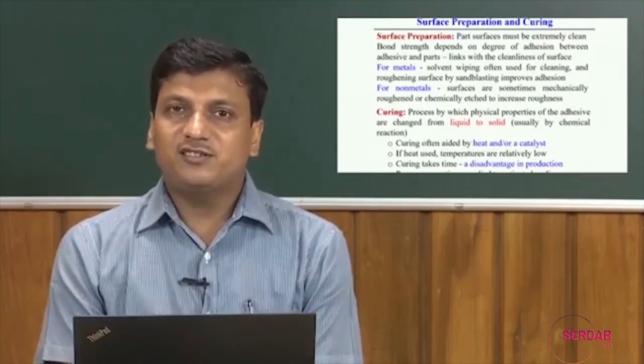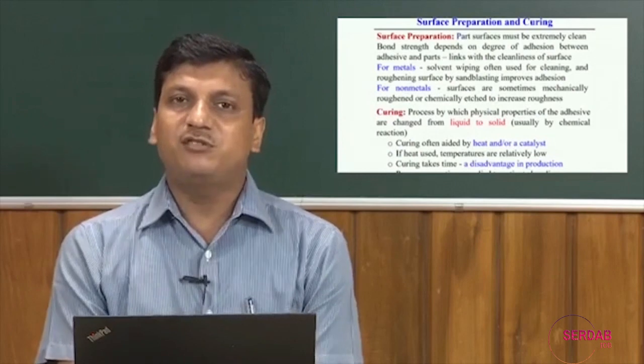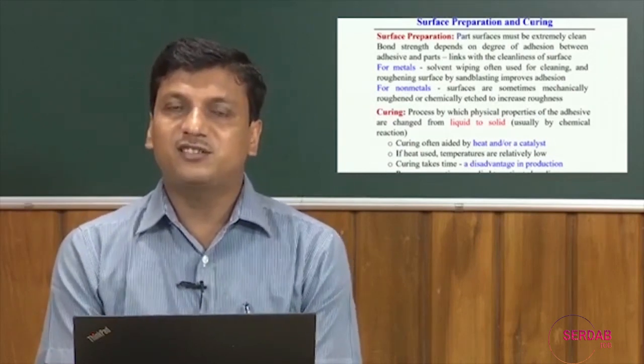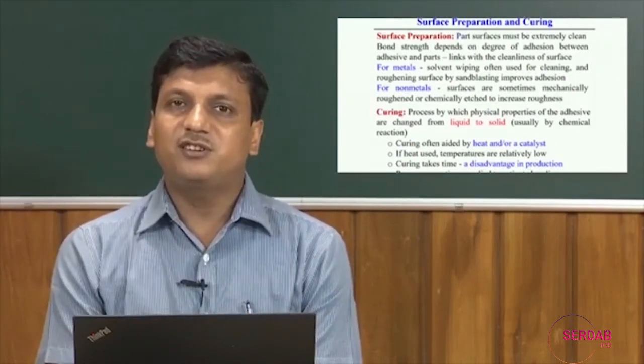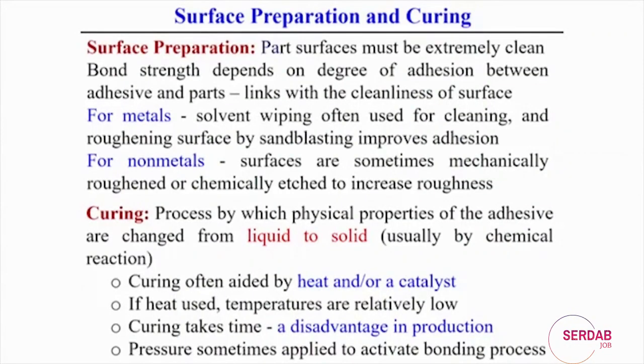Like in the fusion welding process, to get a successful weld joint it is necessary to clean the surfaces of the workpiece or substrate material before welding. Similarly, here also some surface preparation is necessary to get a successful joint with the application of adhesives.